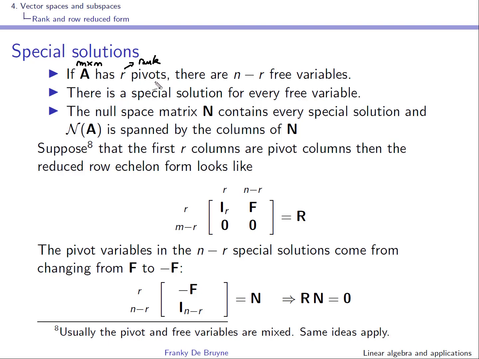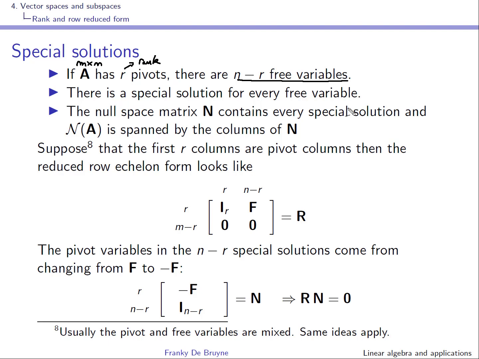So if there are R pivot columns, there are N minus R free columns, so there are N minus R free variables. Okay, for every free variable there is a special solution, and the null space is the linear combination of every special solution.